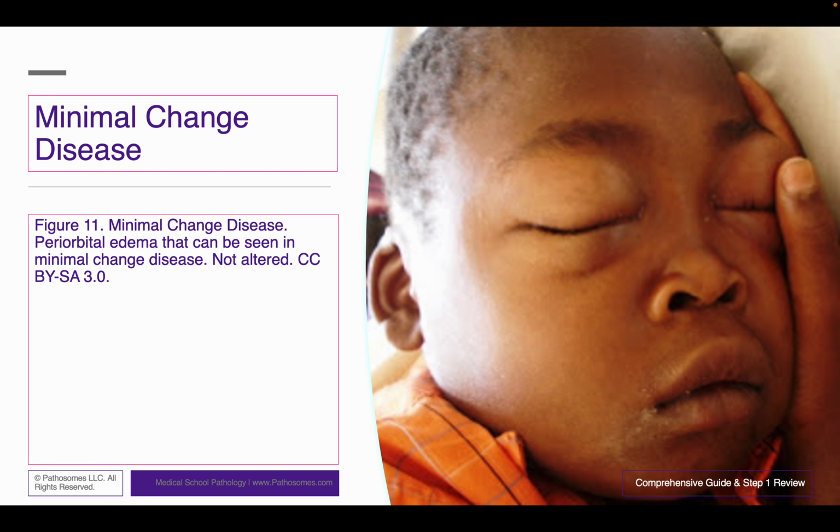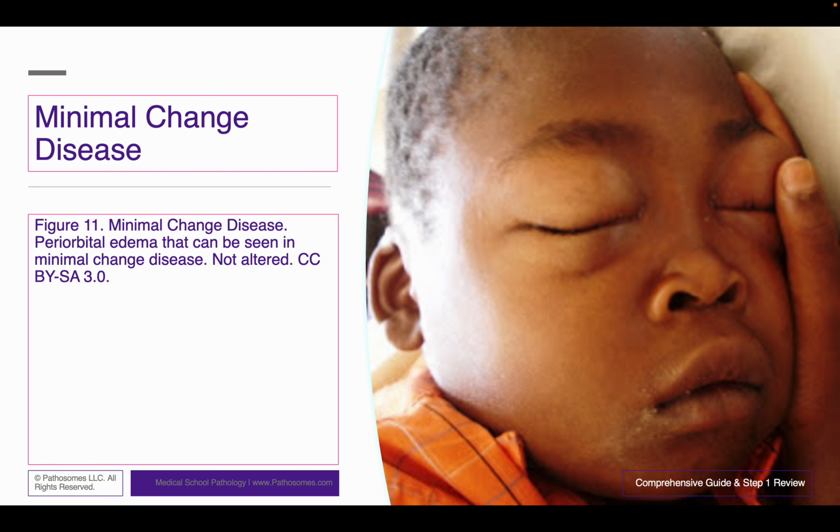Here we have a patient with minimal change disease. This is what they might look like clinically, right? Because they're losing the albumin, leading to edema. Here we could see periorbital edema in a patient with minimal change disease. Would you treat them with steroids? Probably.